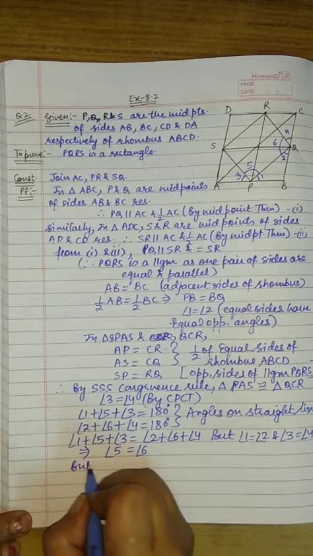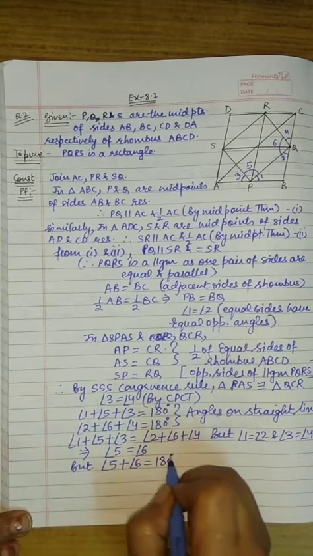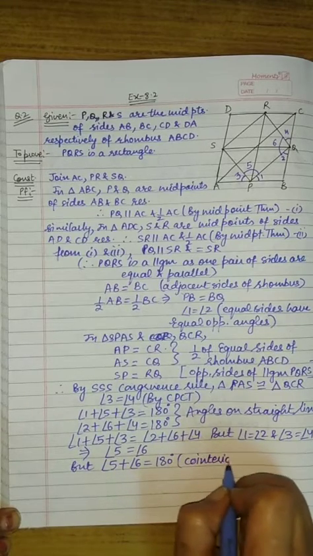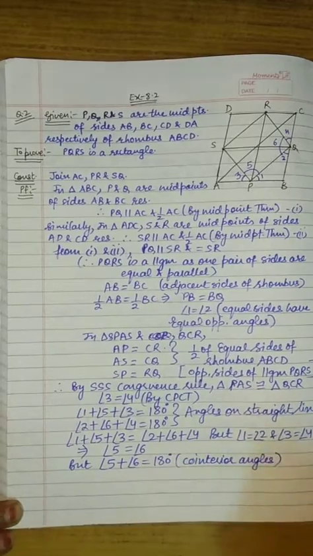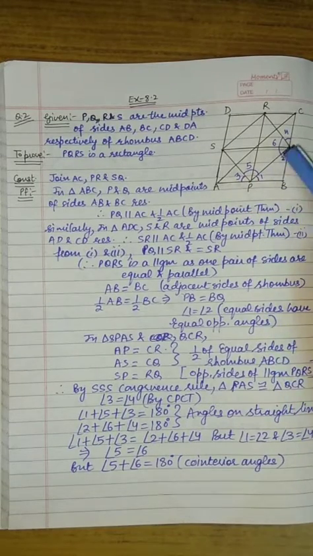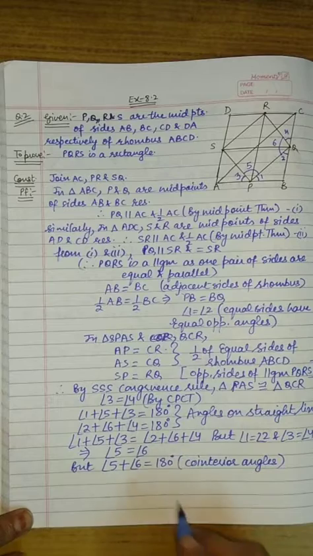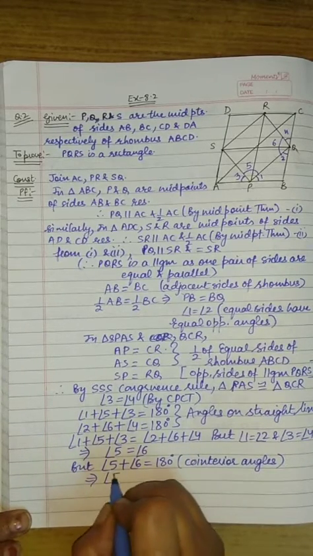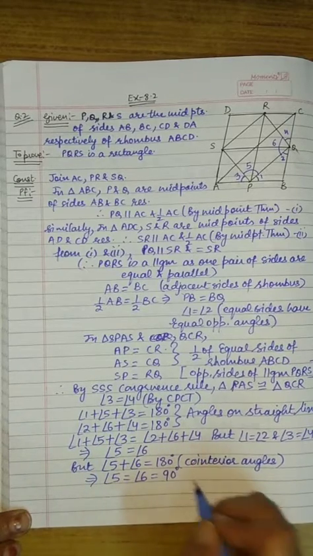But angle 5 plus angle 6 is equal to 180 degrees, co-interior angles. Because PQRS is a parallelogram, the sum of co-interior angles is 180 degrees, that is angle 5 plus angle 6 is 180 degrees. But both these angles are equal, so it implies angle 5 is equal to angle 6 is equal to 90 degrees.